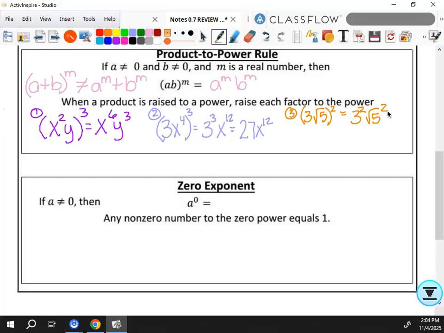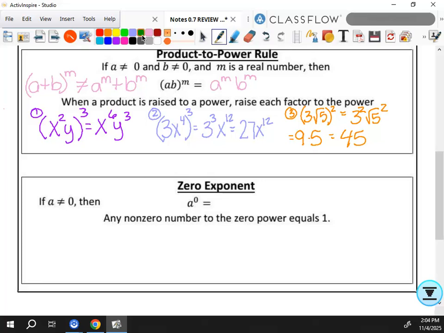What is 3 squared? 9. What is, that one's fine. What is the square root of 5 squared? 5. And 9 times 5 is 45. Any questions? It's the square root of 25, which is 5, but we can skip all that.